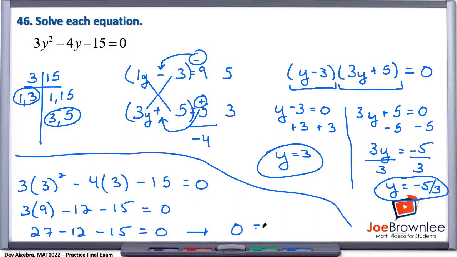So indeed, we do get 0 equals 0. That is a true statement. And so we just proved that y equals 3 is one of our solutions. You could do the same thing, plugging in negative 5/3 into each of these original y variables to get a true statement as well. But there it is, number 46, y equals 3 and y equals negative 5/3.